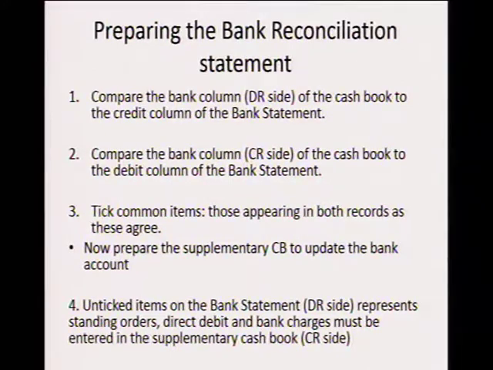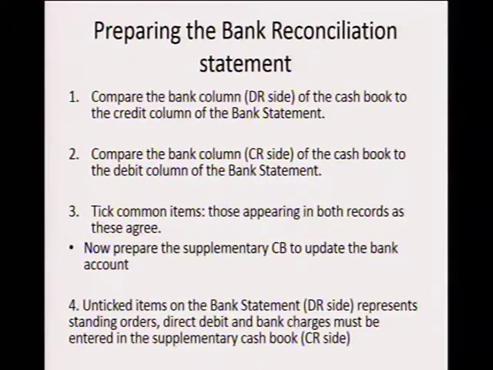And then in number three, as you are comparing, you are ticking the common items. So items that are similar or appearing in both, you give a tick with a pencil. Once you are done with the ticking, you are going to prepare a supplementary cash book to update the bank account.